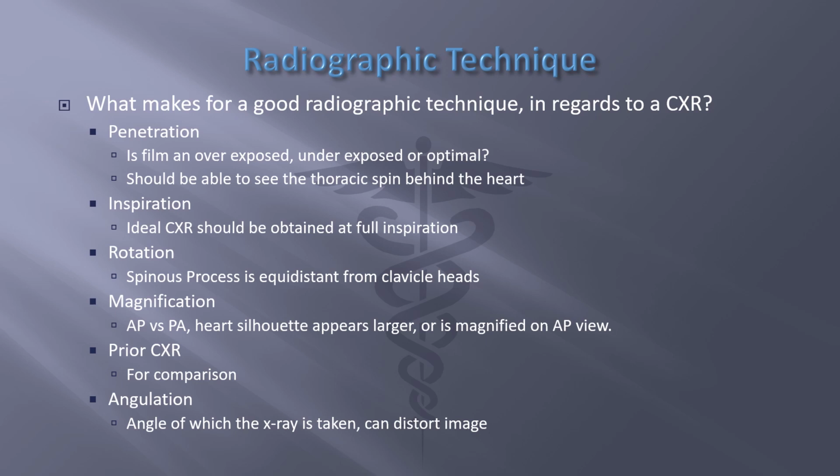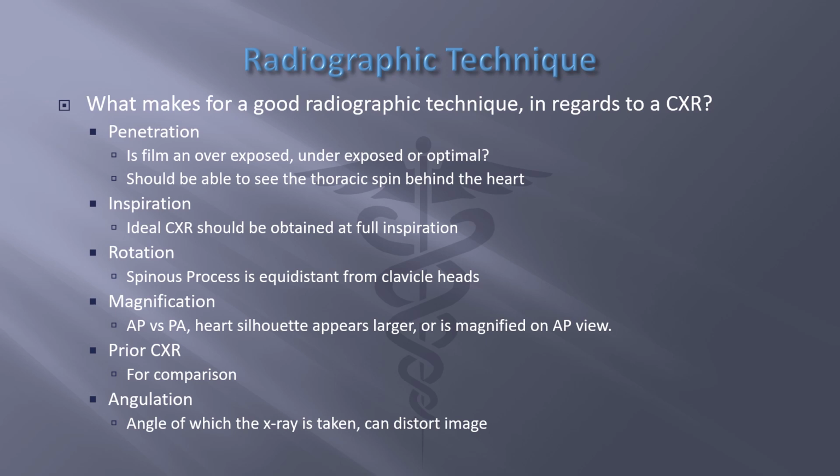If the technique wasn't good, just understand that it may be necessary to not jump to any conclusions, and maybe redo the image, or just understand that you don't want to rule out something that's maybe there, or vice versa.